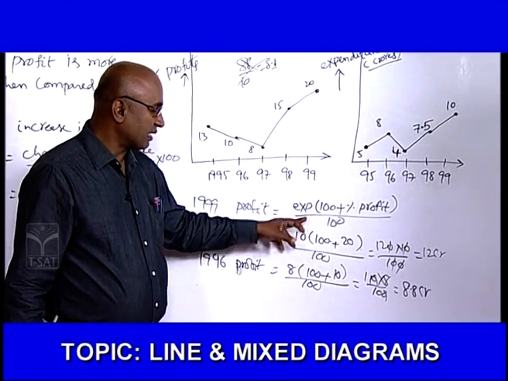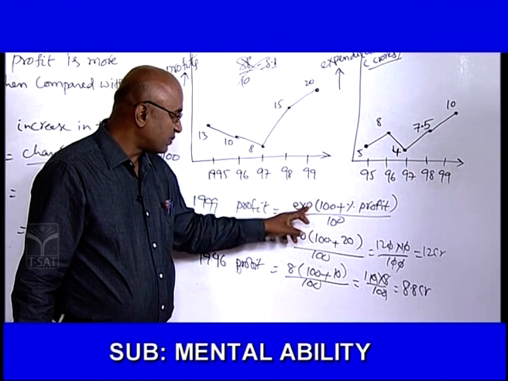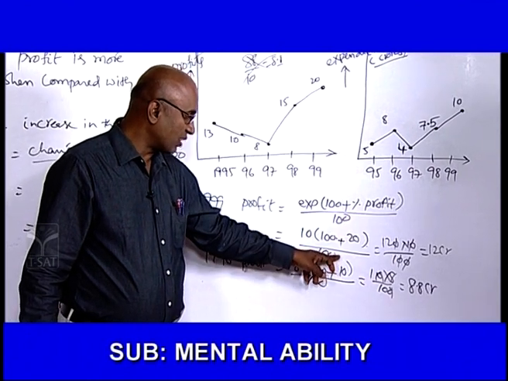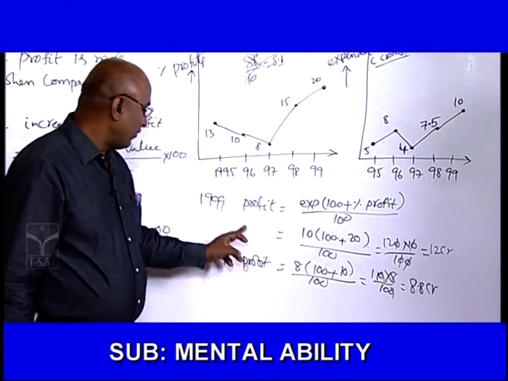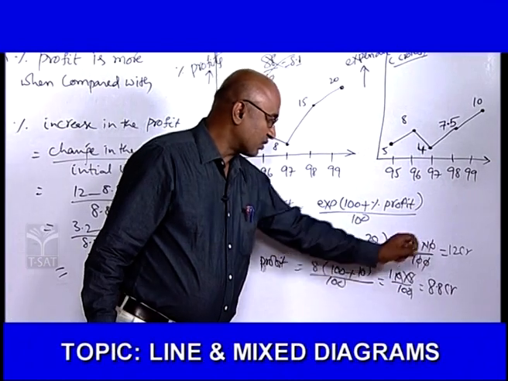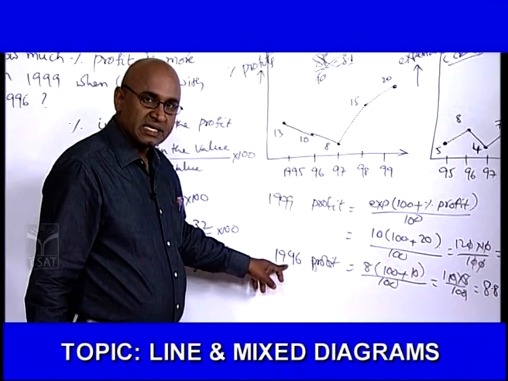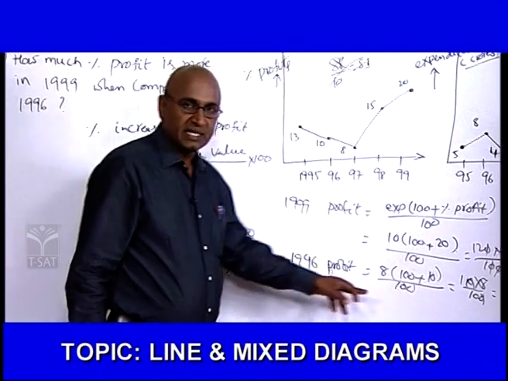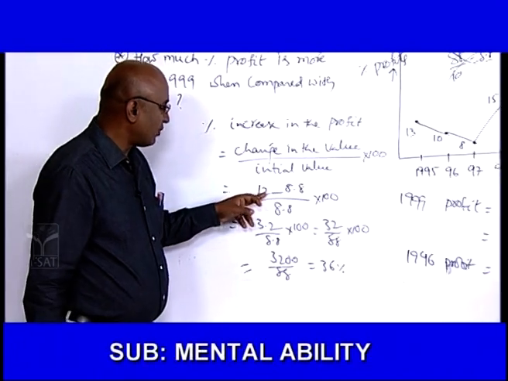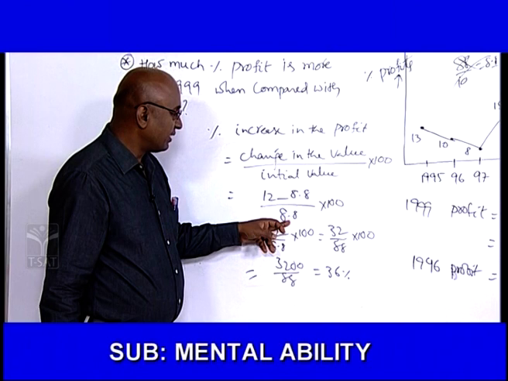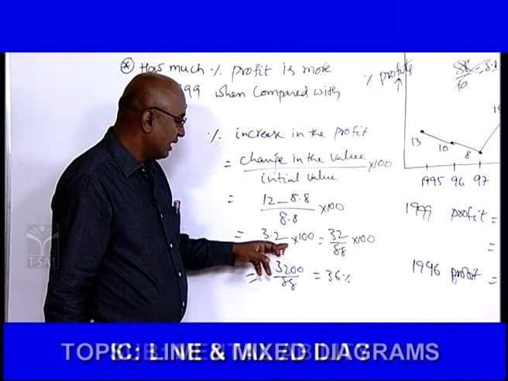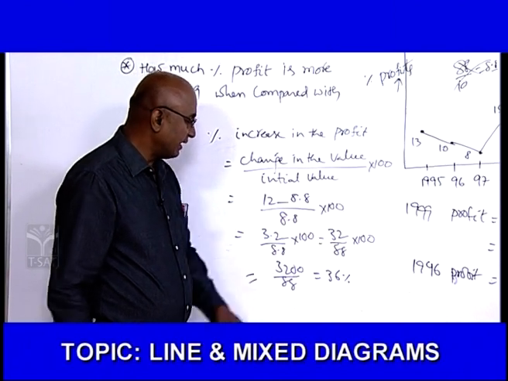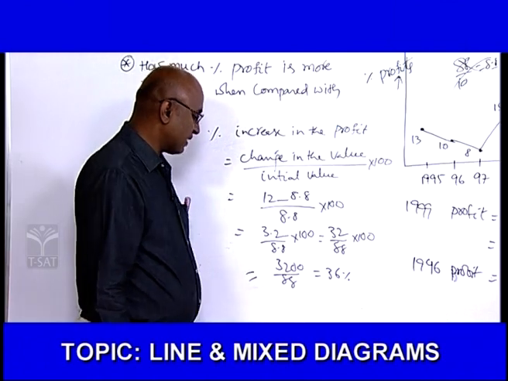Substituting expenditure and percent profit, the profit in the year 1999 is 12 crores. Similarly, in the year 1996, profit is 8.8 crores. So change in the value means 12 minus 8.8 by 8.8, the initial value, into 100, that is 32 by 88 into 100, which is equal to 36%.